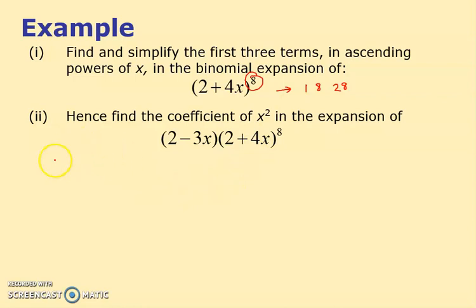So based on that, I'm going to get 1 times 2 to the 8 times 4x to the 0. It's got a plus, so they'll all be pluses. Plus 8 times 2 to the 7 times 4x to the 1. Plus 28 times 2 to the 6 times 4x, all squared of course.